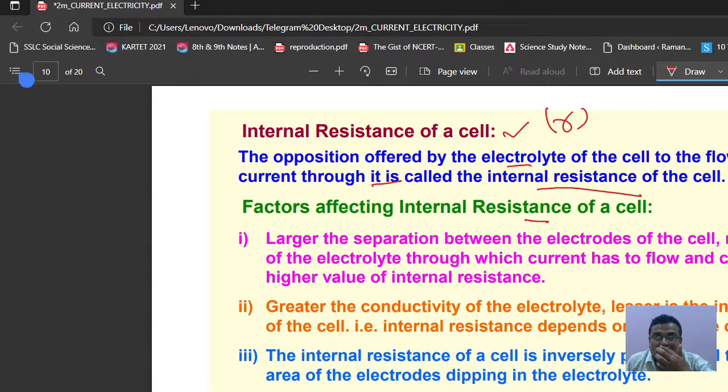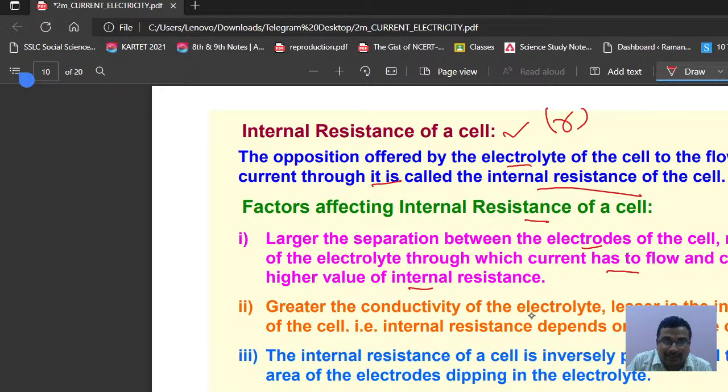How many electrodes are there in a cell? Two electrodes, a positive electrode and a negative electrode. The larger the separation between the electrodes of the cell, the more the length. So what happens to the current? The current has to flow through a higher value of internal resistance when the gap between the electrodes is more.